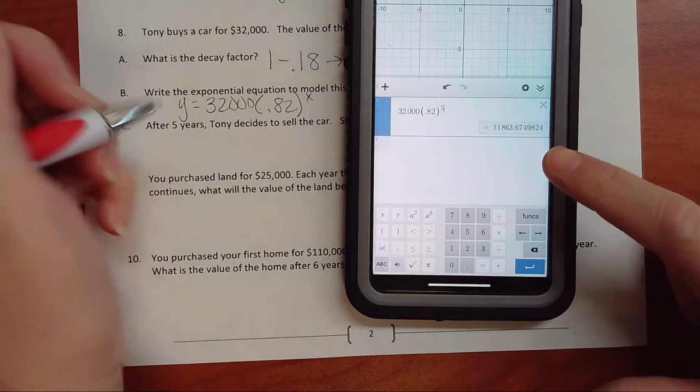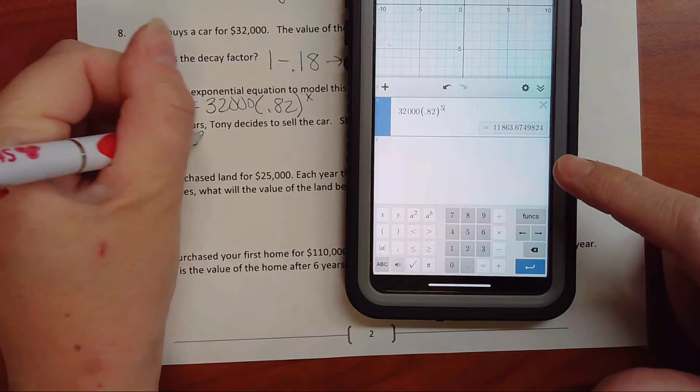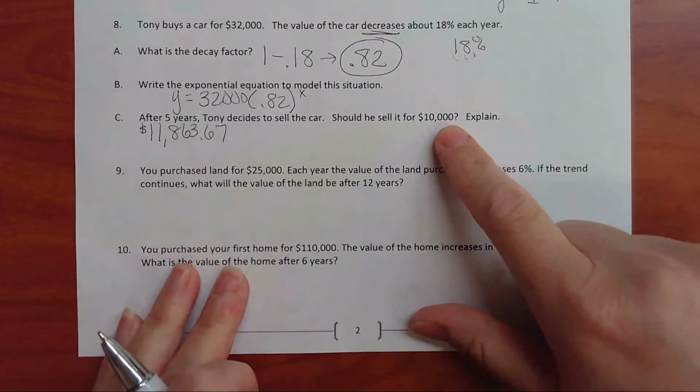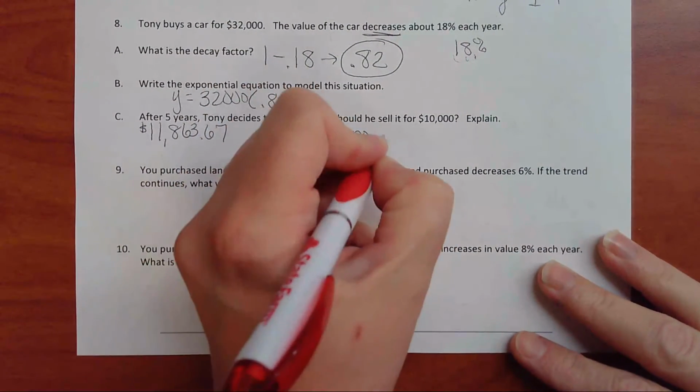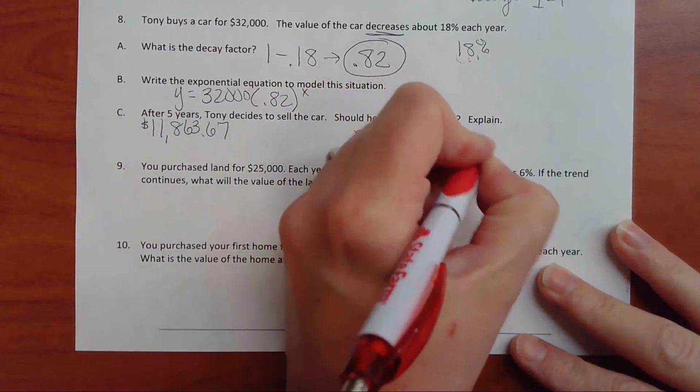So after 5 years, Tony's car is still worth $11,863.67. So if he sells it for $10,000, he's actually losing money. So should he sell it? No, it's worth more. That's all I'm going to put.